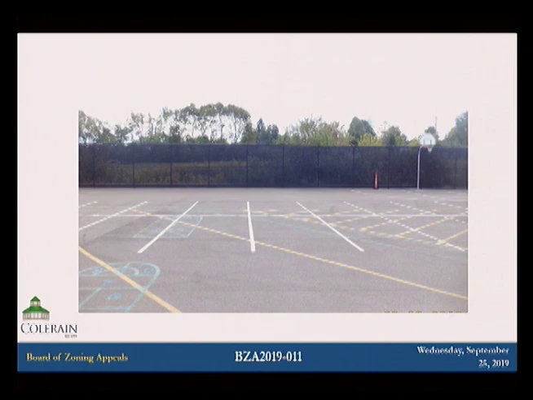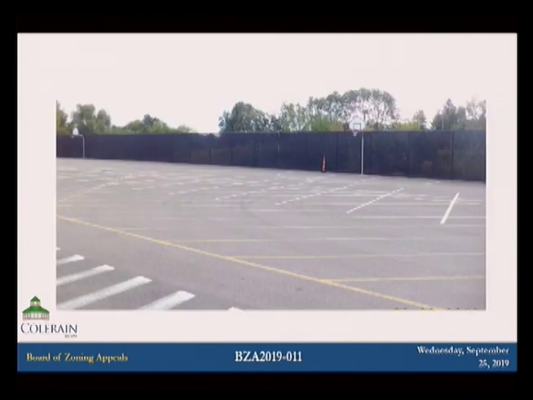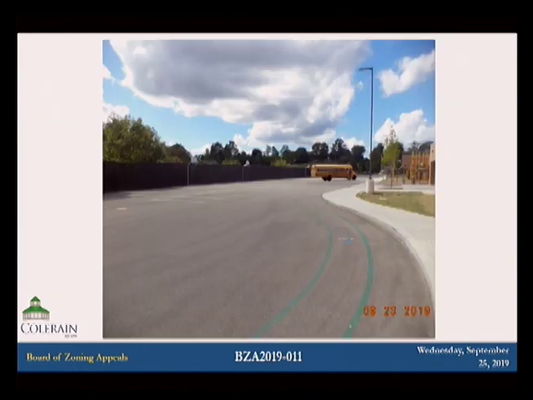The reasoning for this new parking lot is just to handle the demand for parking, making it easier for the parents and faculty and the buses to maneuver the site. So here's just some pictures approximately where it's going to go. It's going to go on the left-hand side right over here.